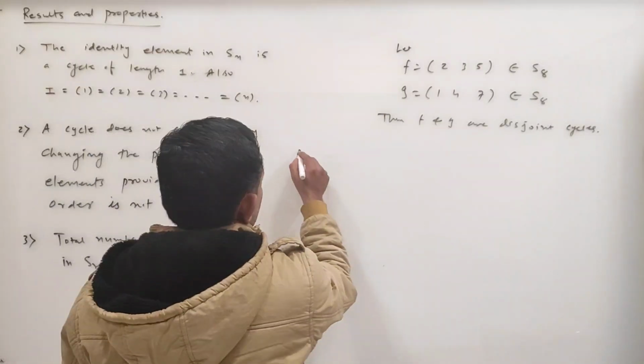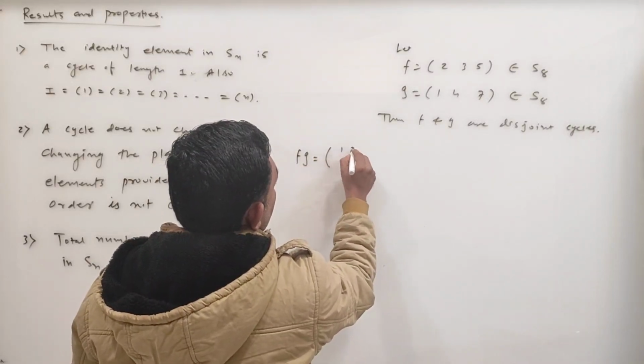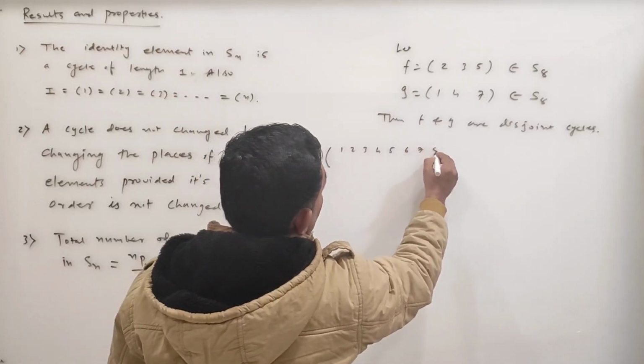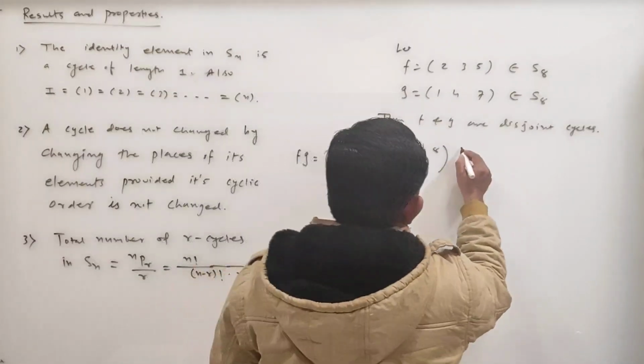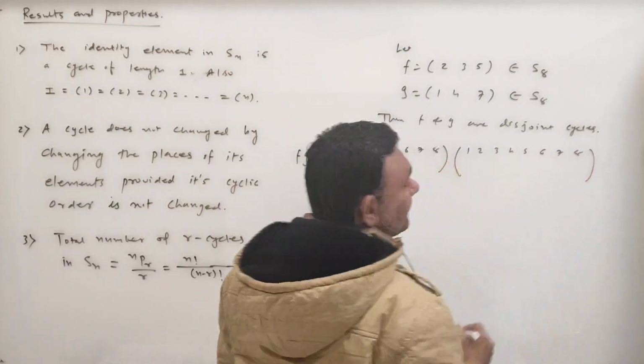So let us find out fg. So fg is what? 1, 2, 3, 4, 5, 6, 7, 8. And g is 1, 2, 3, 4, 5, 6, 7 and 8.